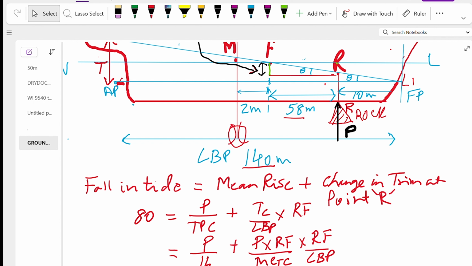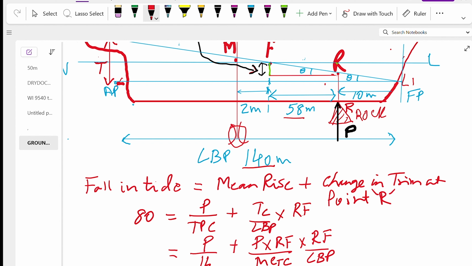And using our knowledge that upthrust force is equivalent to P tons discharge from this location R. So when you discharge P tons from location R, there will be a mean rise because you are discharging, P upon TPC, plus trim aft. Due to trim, the change at location R will be total change of trim upon LBP, that is the trim ratio, into distance of the grounding location from center of flotation. So RF is the distance from center of flotation where the ship is grounded.